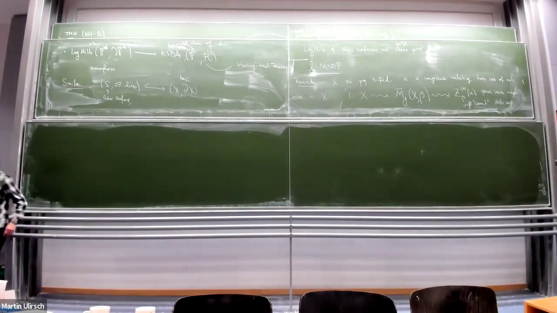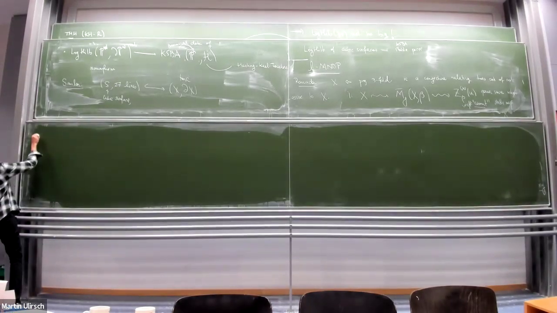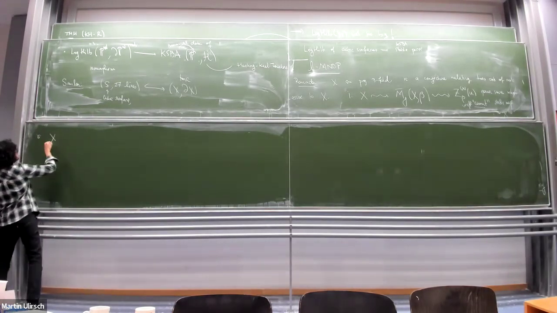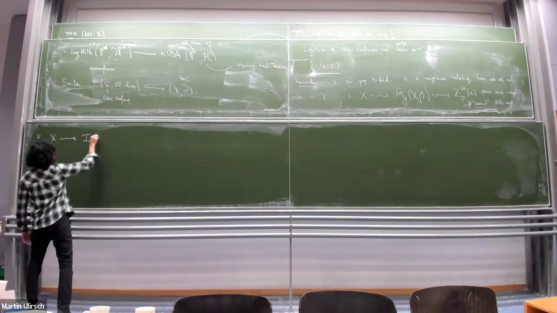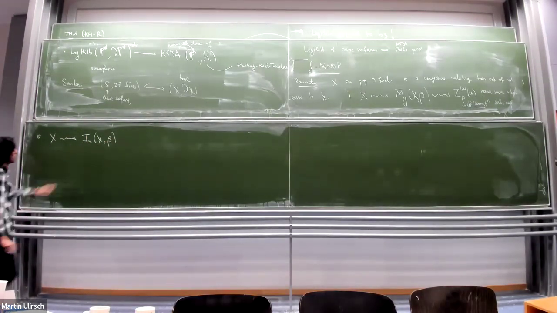So that's Gromov-Witten theory. The second proposal is DT theory. Here one starts with X and builds what at least traditionally was called I_n(X, beta).